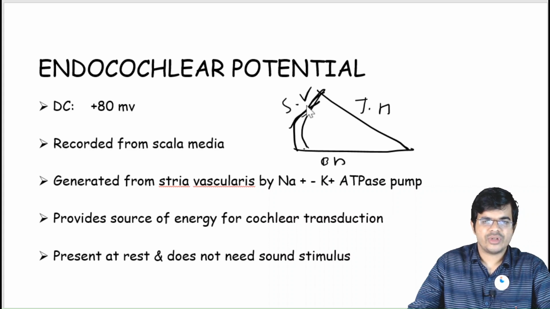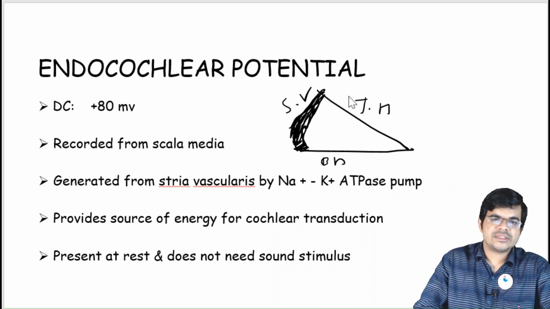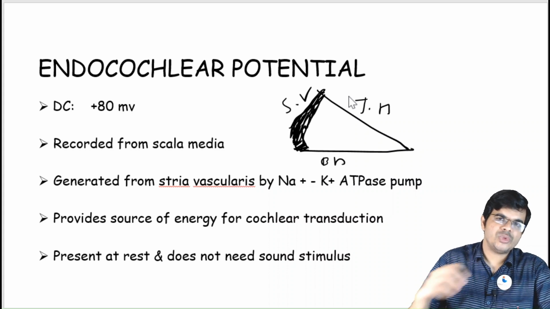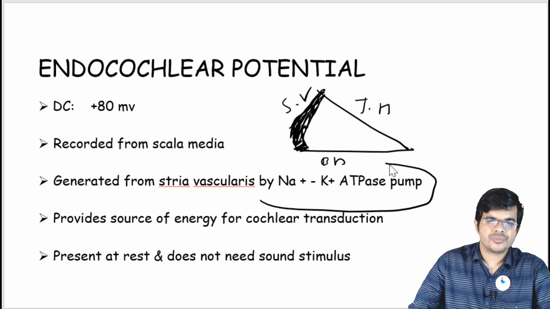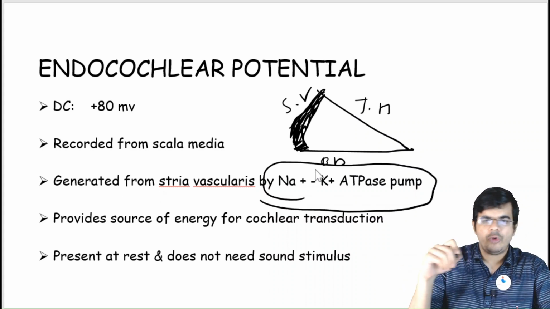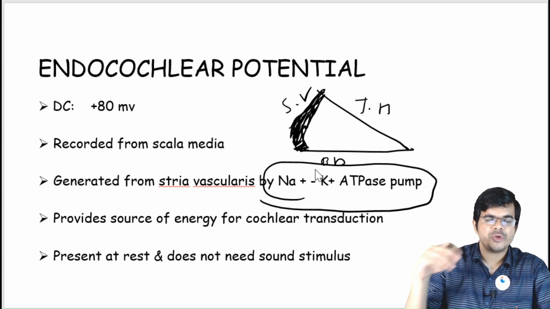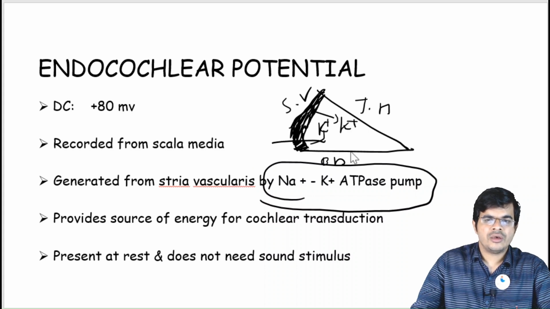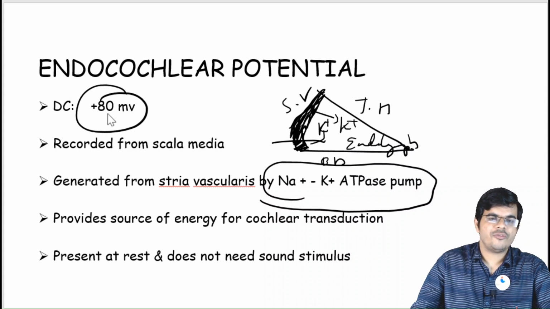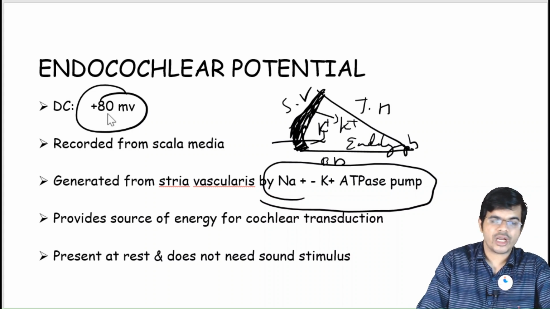The stria vascularis has a sodium potassium ATPase pump, which forms a source of energy for cochlear transduction. It causes the endocochlear potential to occur because of the release of potassium into the endolymph. So the endolymph has a potential of plus 80 millivolts because of this endocochlear potential.